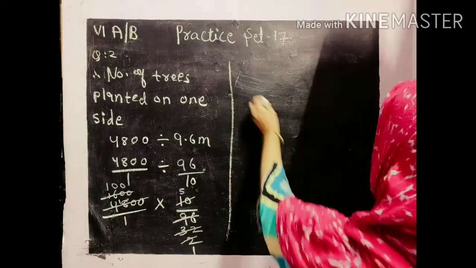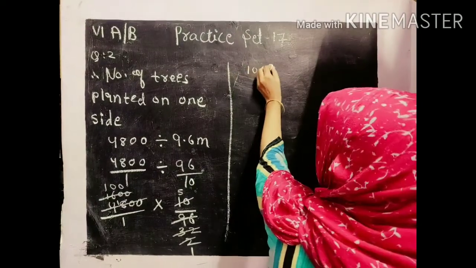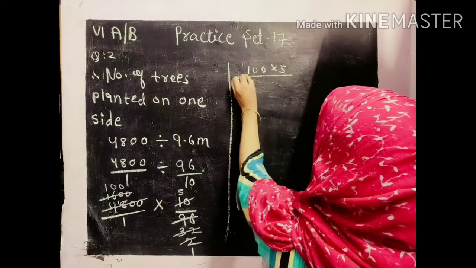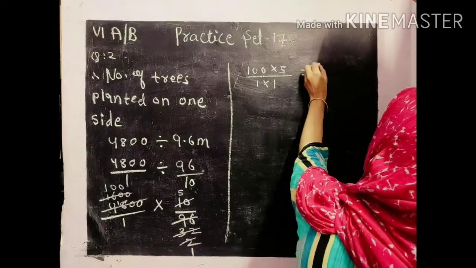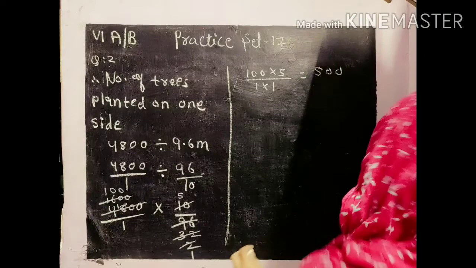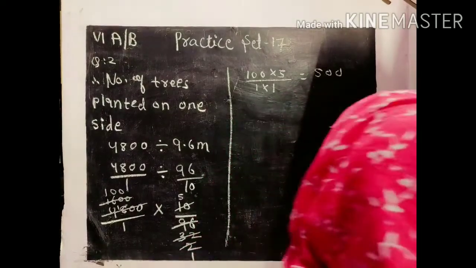So what will be the answer? 100 into 5 upon 1 into 1. So 500 will come.